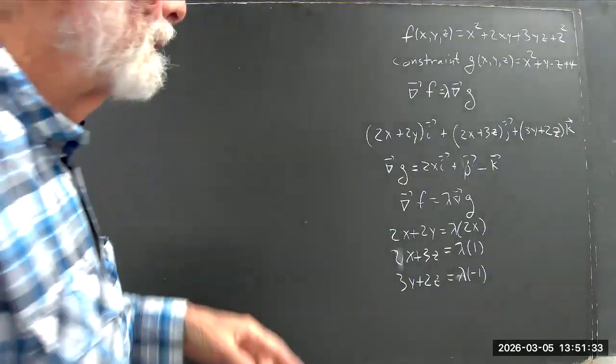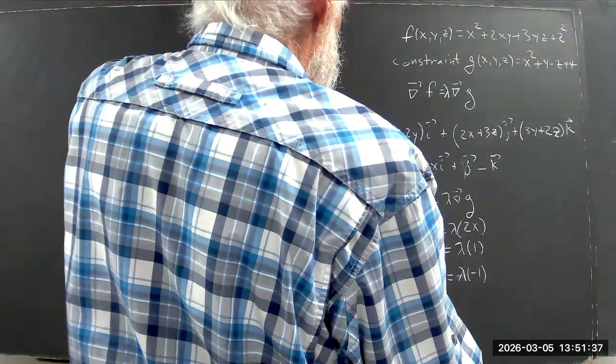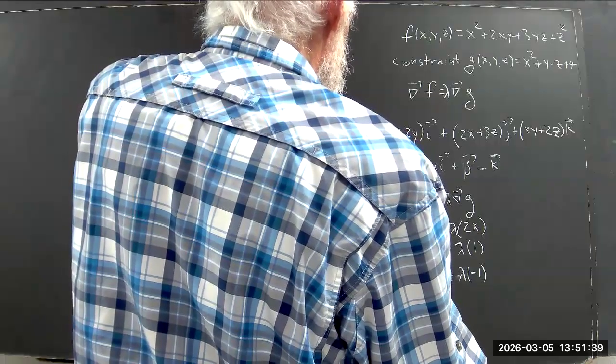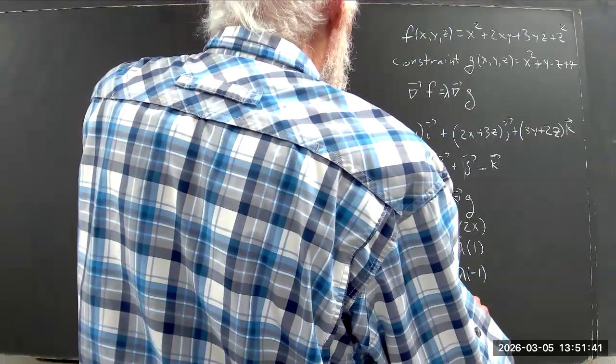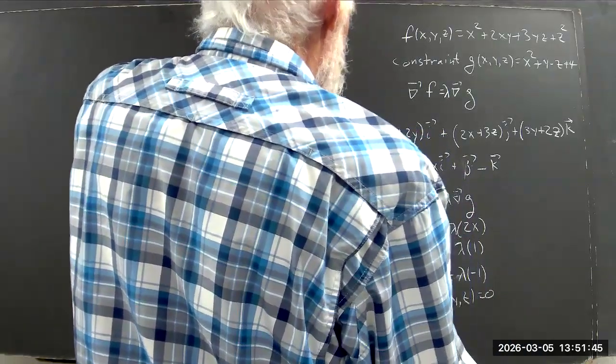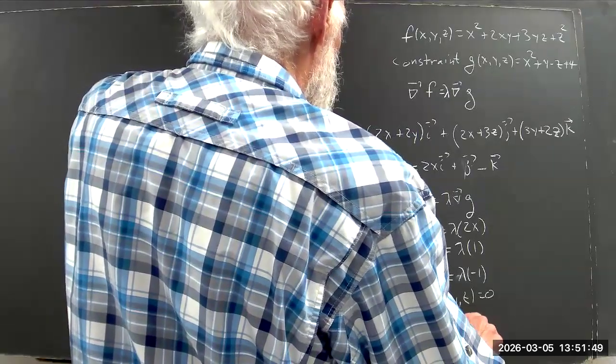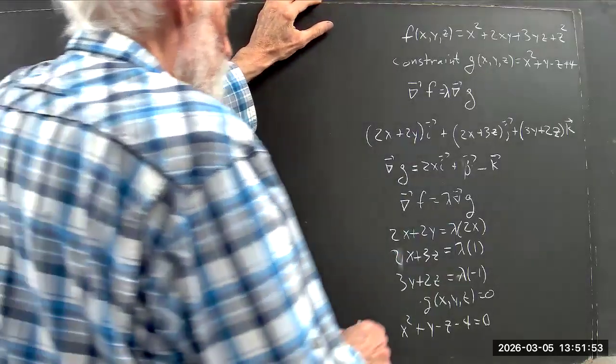What's the fourth equation? It's g of x, y, z equals 0, which is x squared plus y minus z minus 4 equals 0.